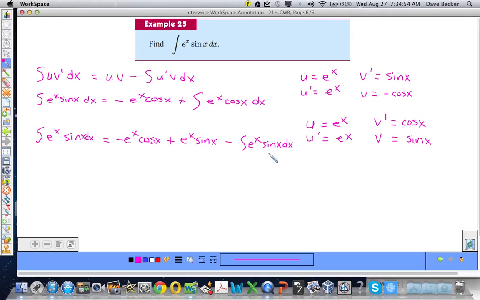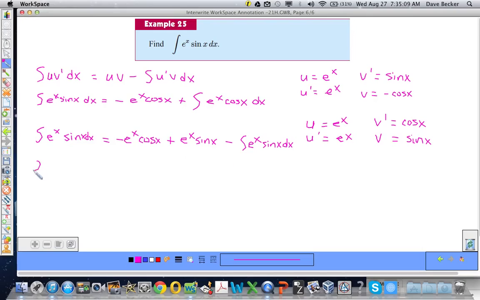But hold the phone, Chuck. I have the same, well, not the same thing. This is negative e to the x sine x, but it's the same integral. And with a little bit of algebra, I can add this to both sides.